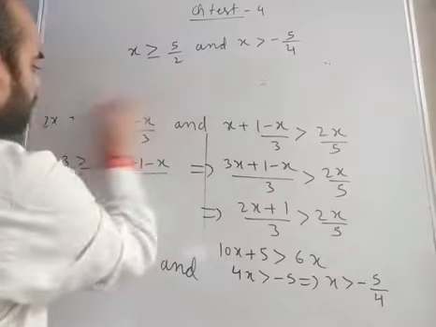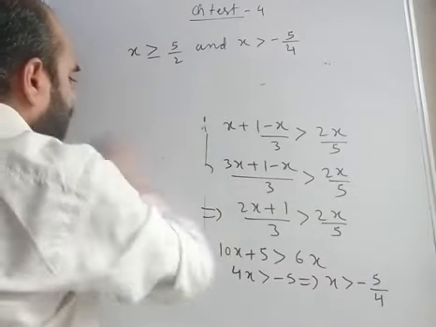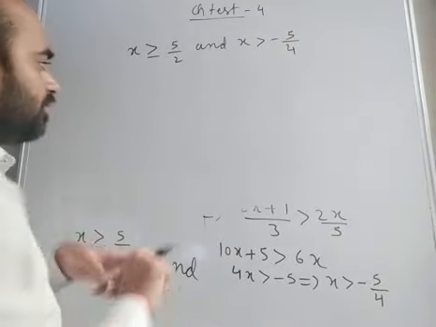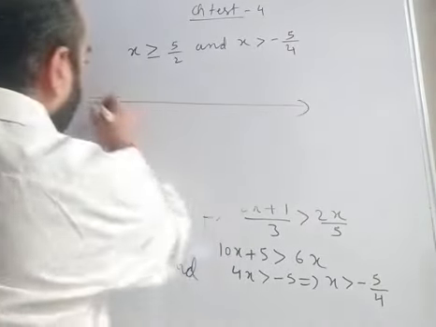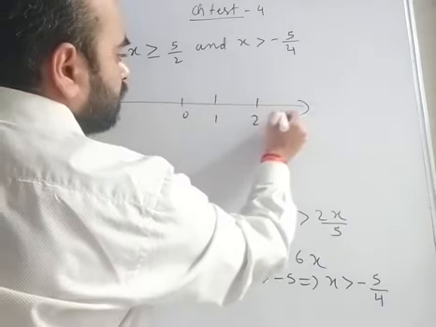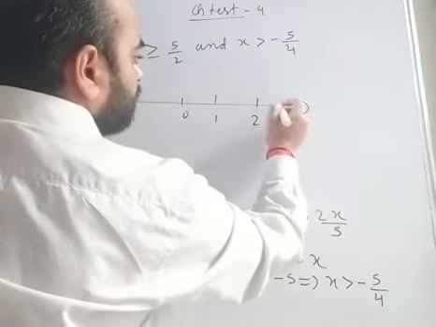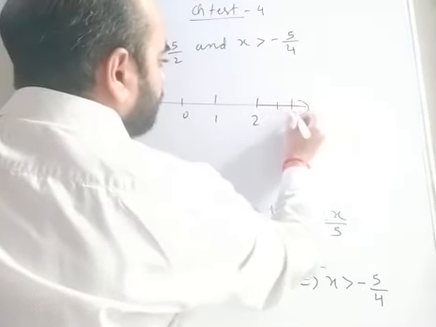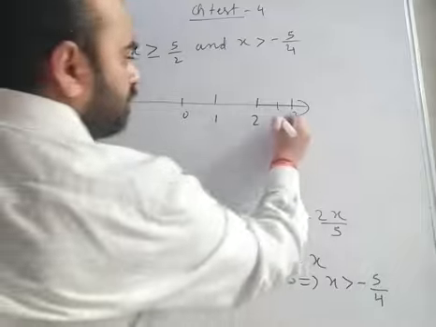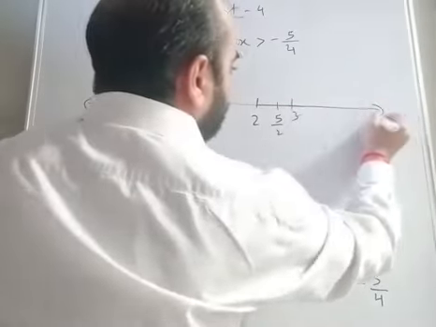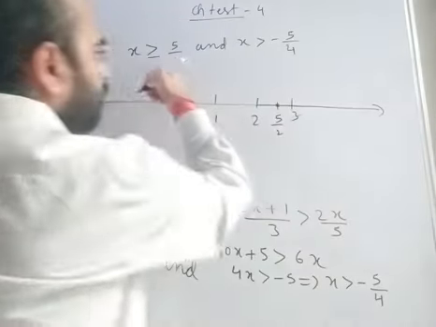Now plot on the number line, then it will be understood. On the number line, 5 by 2 means between 2 and 3, and 5 by 2 is included also.